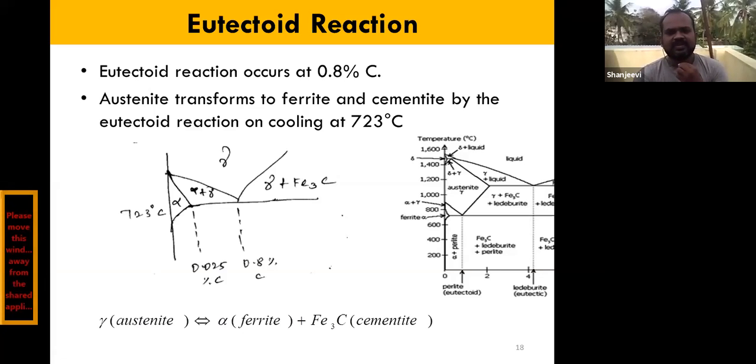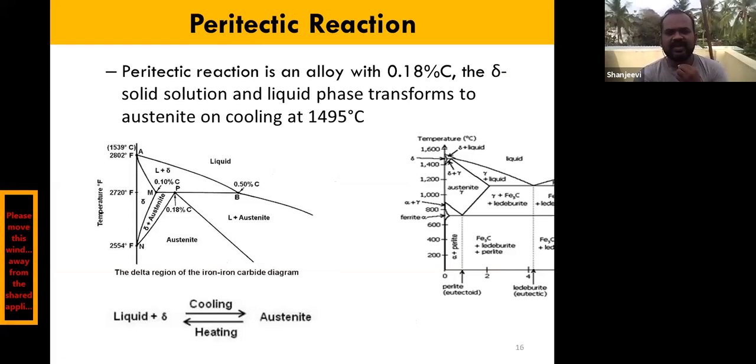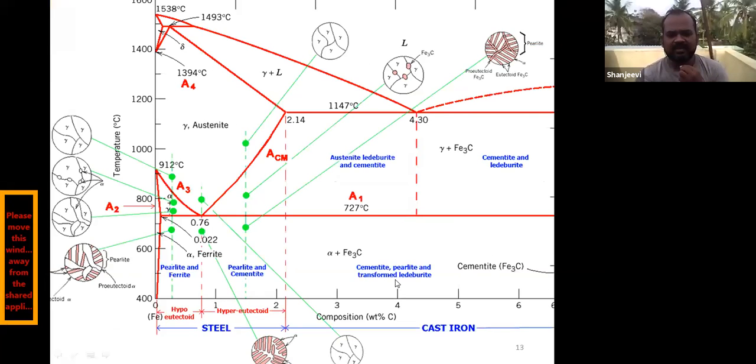So these are the reactions you can see entirely in this iron carbon diagram, right? So remember peritectic, eutectic, and eutectoid.